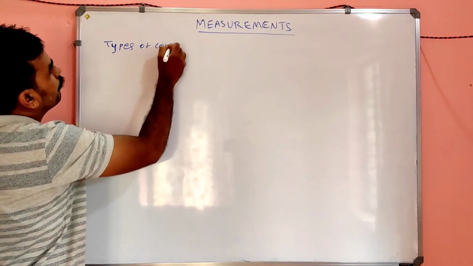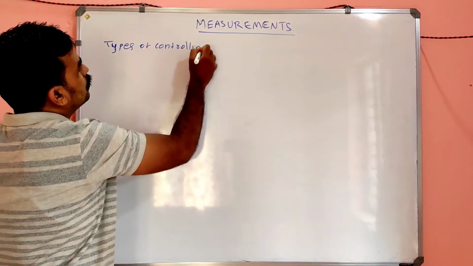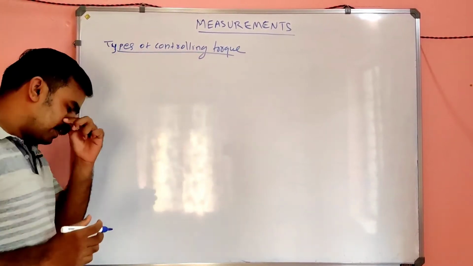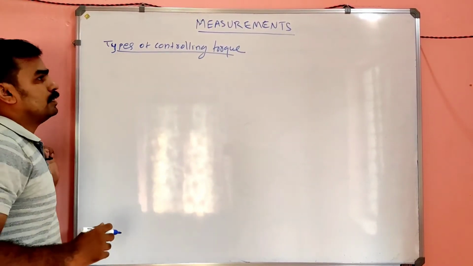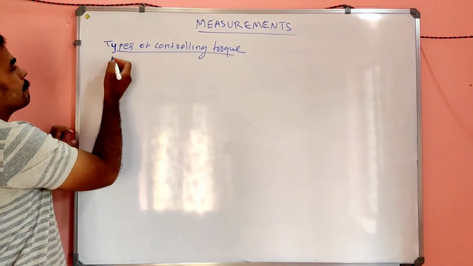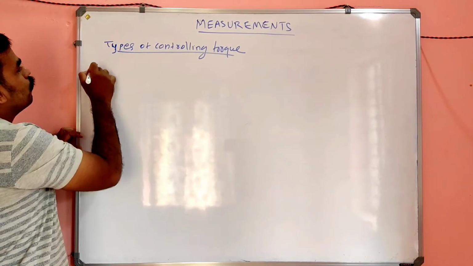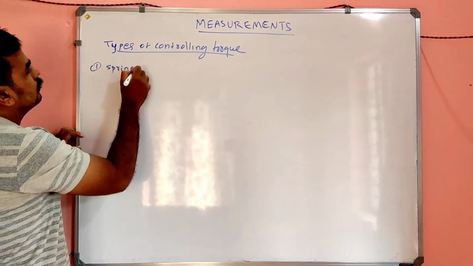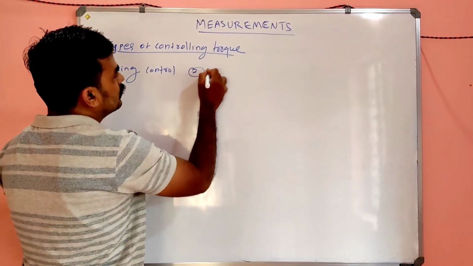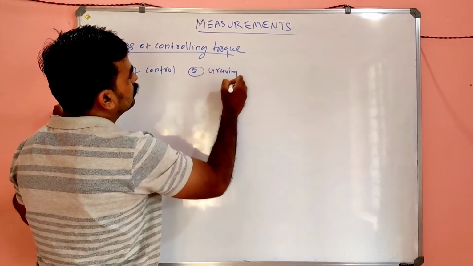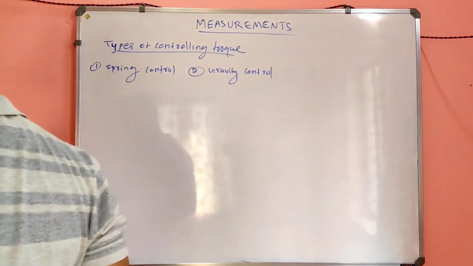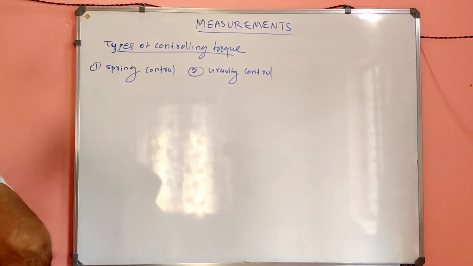Listen, there are two types of controlling: one is spring control and the other is gravity control.